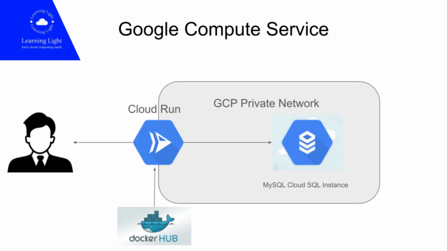Also, we will see in the next couple of lectures how we can deploy those container images on other cloud platforms like AWS and Azure. But this time, we will play around with Google Cloud Run, which is basically a container deployment service platform in Google Cloud. So let's get started.